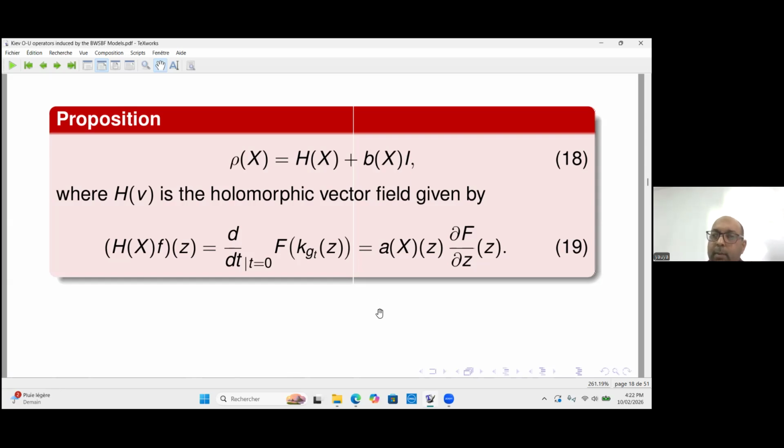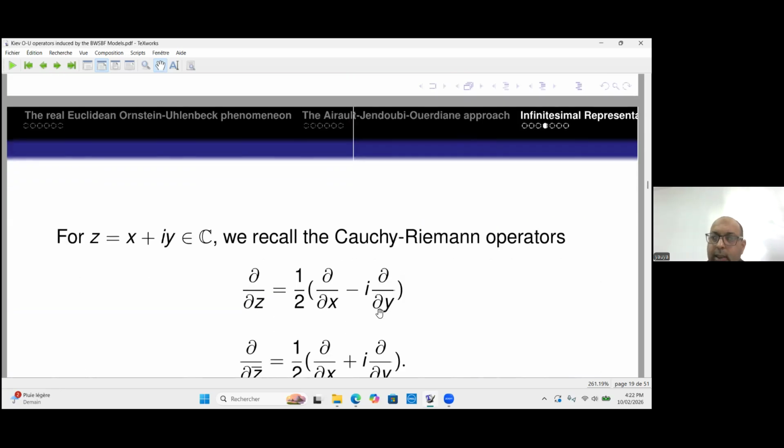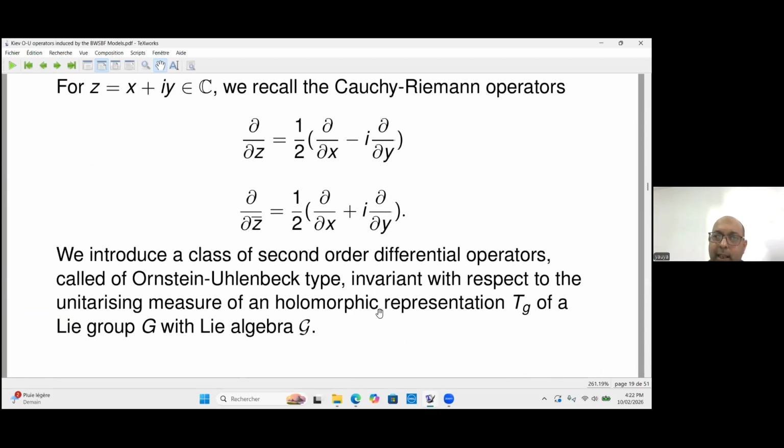So from this setting of differential calculus, and using the Cauchy-Riemann notation, which expresses dz and dz bar, we want to define what we want to construct, called the Ornstein-Uhlenbeck type operator, which is invariant with respect to the unitarizing measure of the representation.